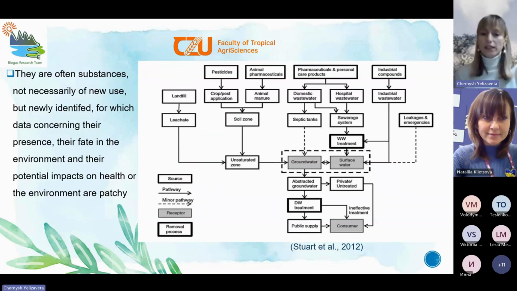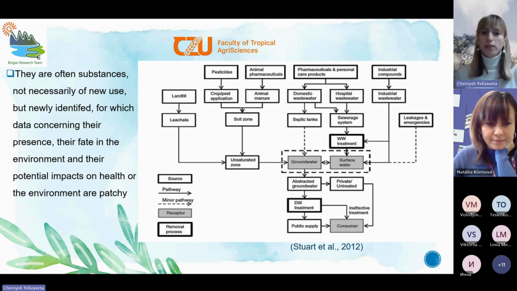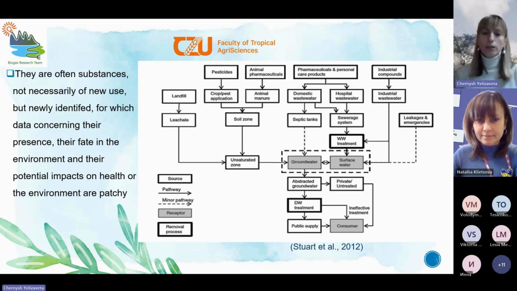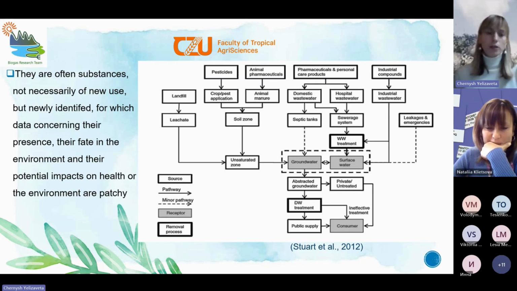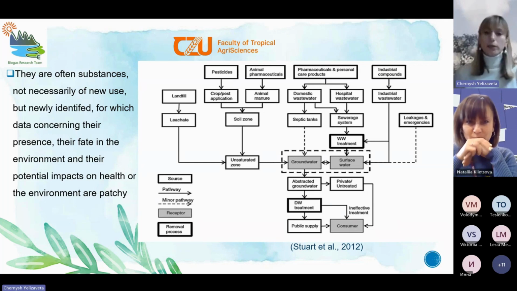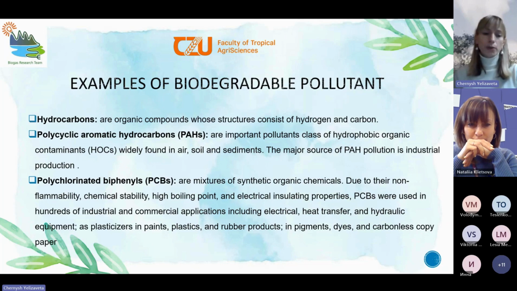And now, to this system of types of sources of different harmful substances from industry and domestic use, we can also add contaminations that involve enduring ones. An example of biodegradation of pollutants you can also see in this slide.